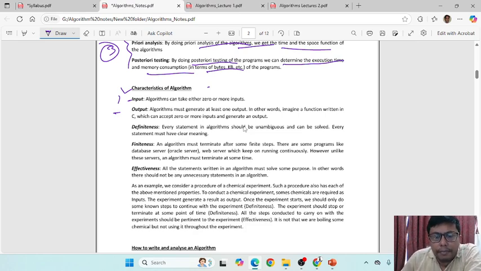Imagine, as an example, since you are all aware of at least C and C++, because you have done various programs in the previous semesters, a function which you have written in C or C++ which can accept zero or more inputs and will generate an output. Suppose a display function. You are writing a C function, that means a display function.